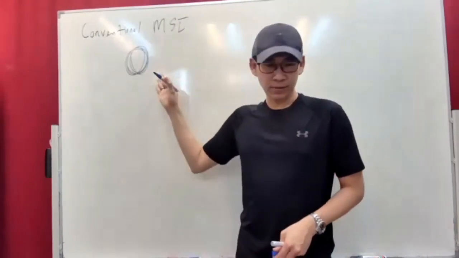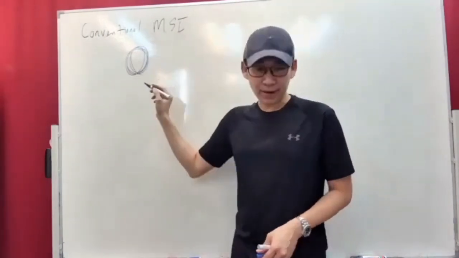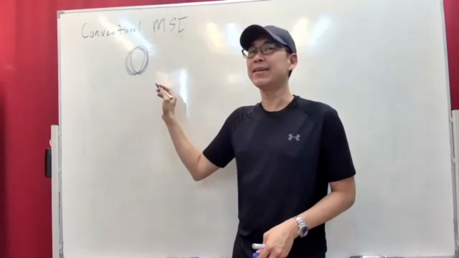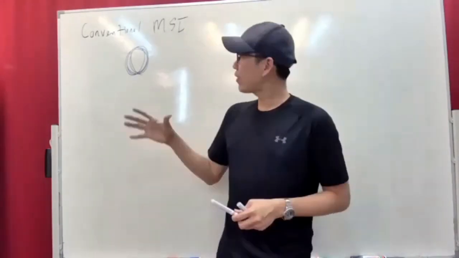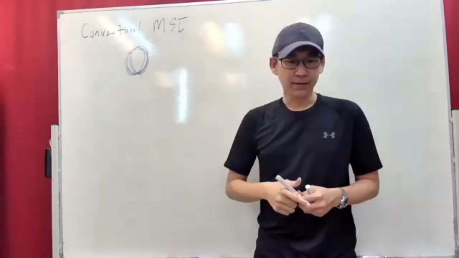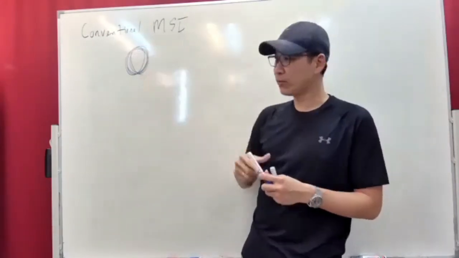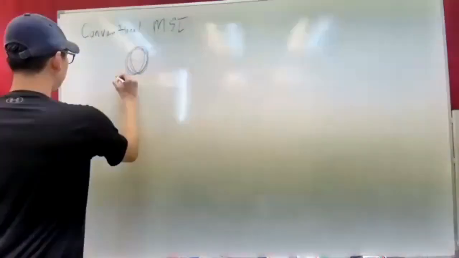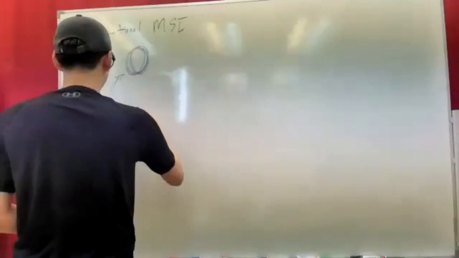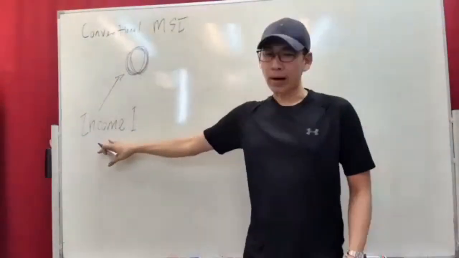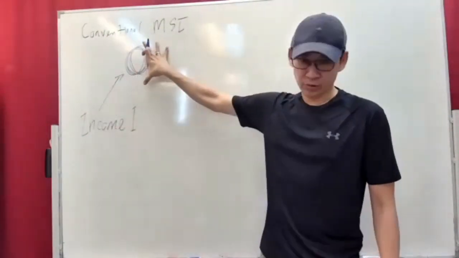Okay, this is you. I'm going to circle it many rounds so that you can see it clearly, because of the lightings and so on. So the conventional MSI, the logic is this is you, and then you have all of this. Income one will generate income to you.